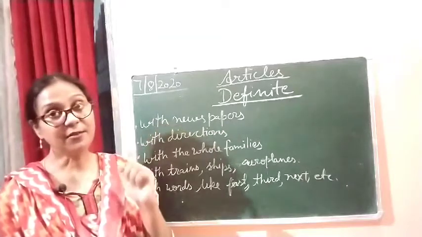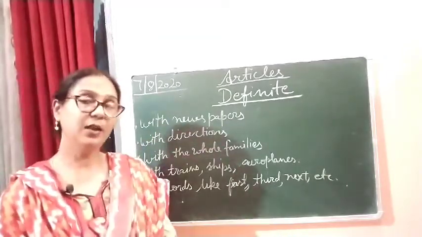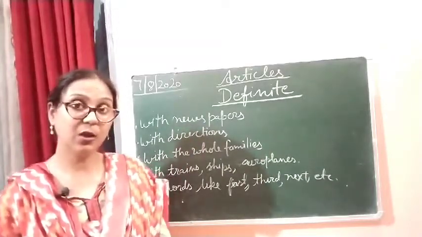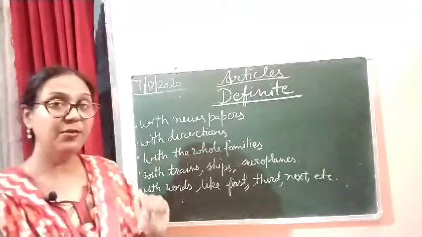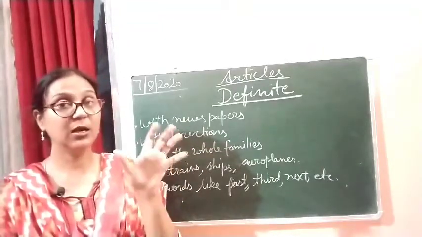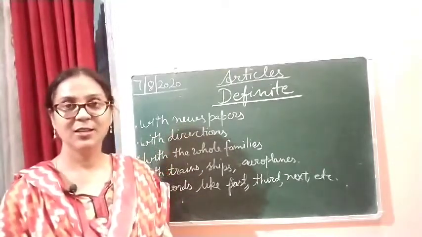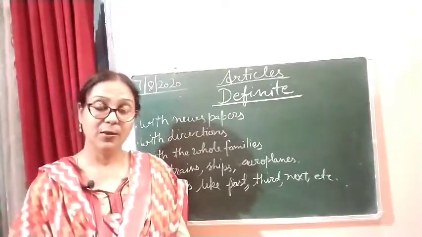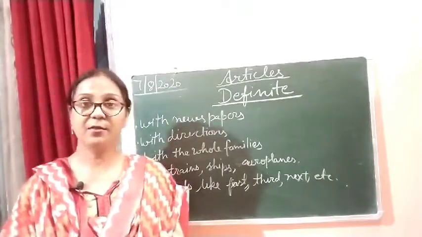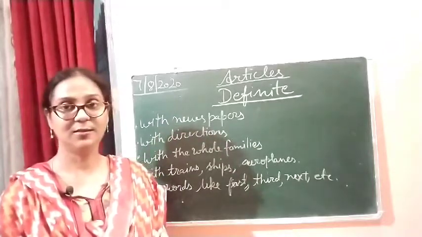First of all, we have to remember always, whenever we are using proper nouns, if it is famous or we are talking about any names which are famous and we are giving some particular name to that particular thing, that time we are supposed to use 'the'. So 'the' is a definite article, and whenever we are very sure about that, then we are supposed to use it.